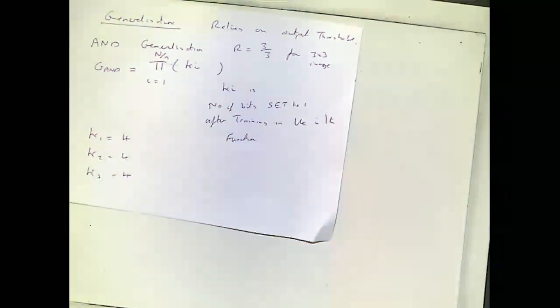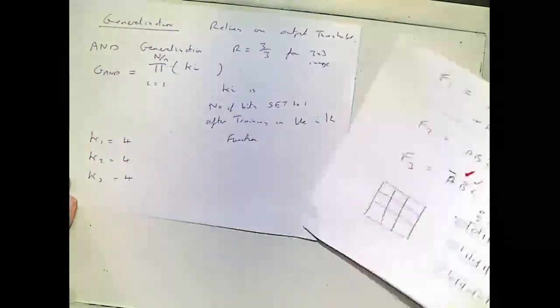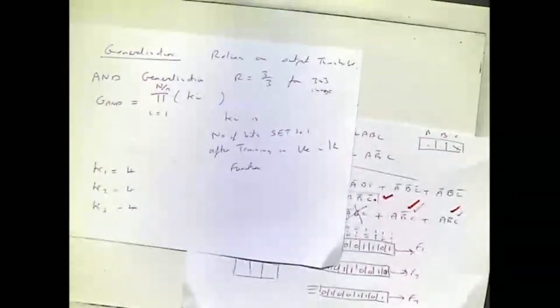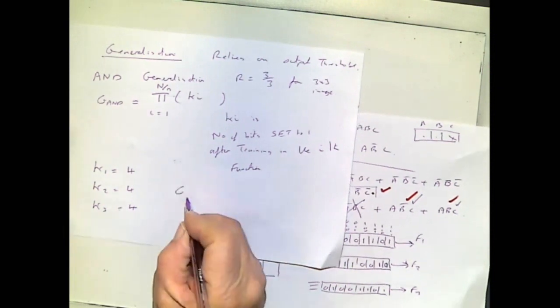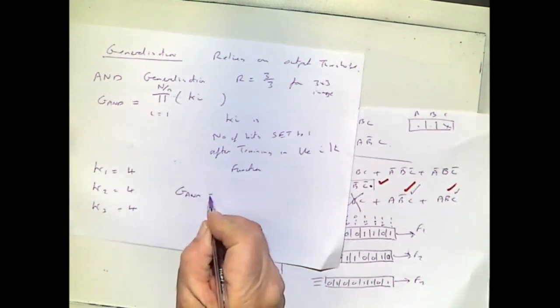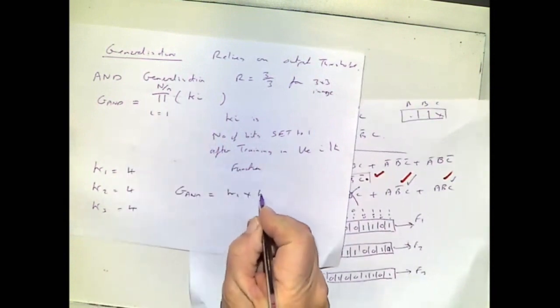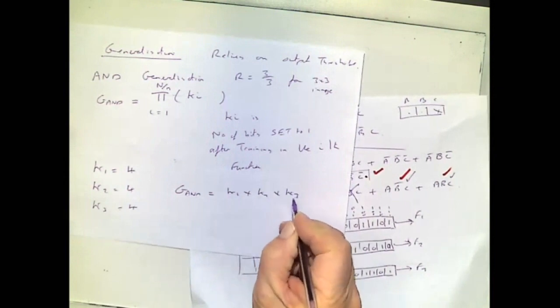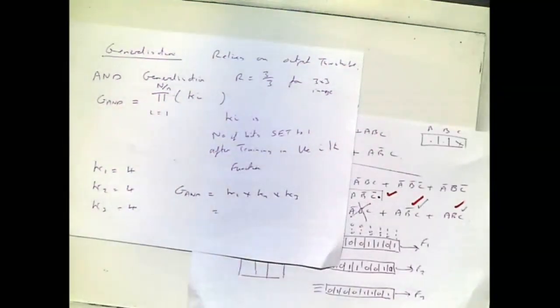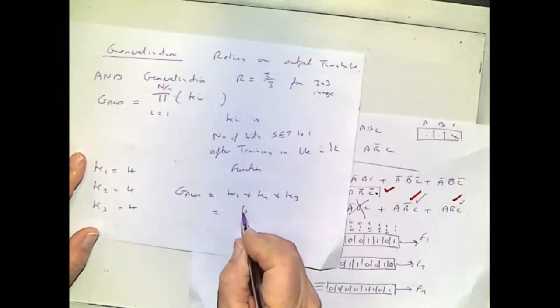So, if each of those Ks is 4 for this particular problem, for that cross with 1 bit of noise, trained with an output threshold of 3, how many patterns will it recognize? It's a product series, so it is K1 times K2 times K3, and that is 4 4s are 16, 64.